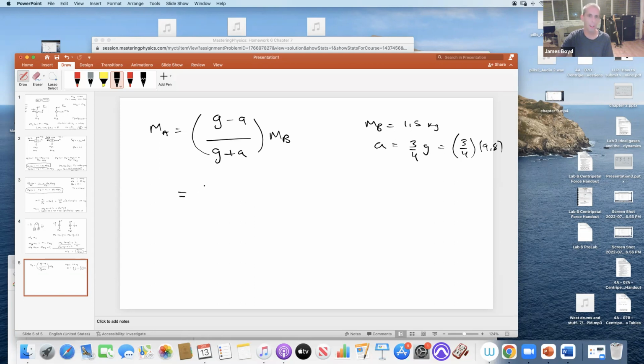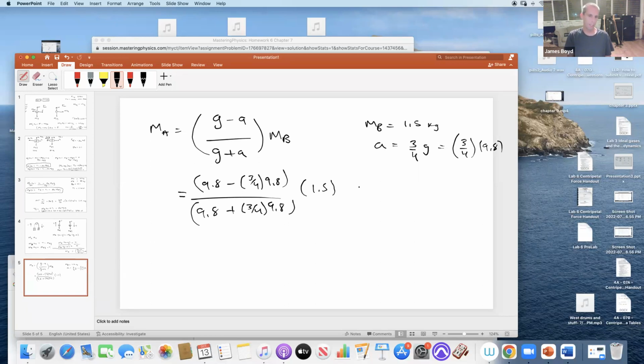If I put those numbers in, I get (9.8 minus 3/4 of 9.8) over (9.8 plus 3/4 of 9.8) times m_B, which is 1.5. And that'll give me m_A.